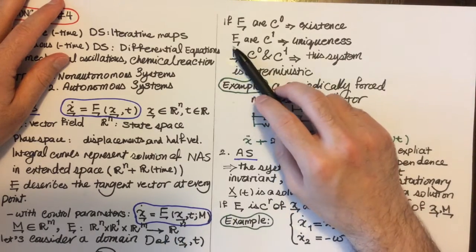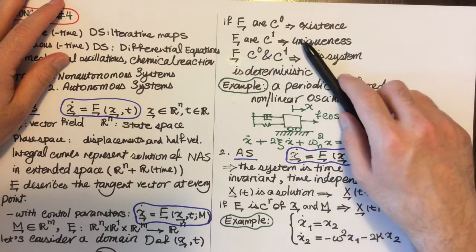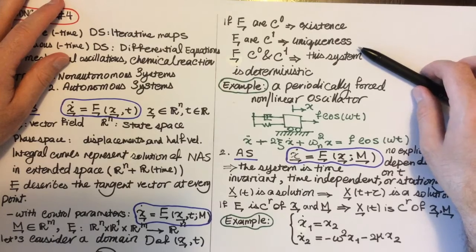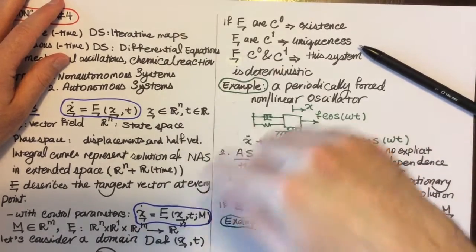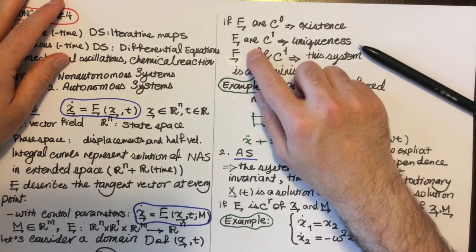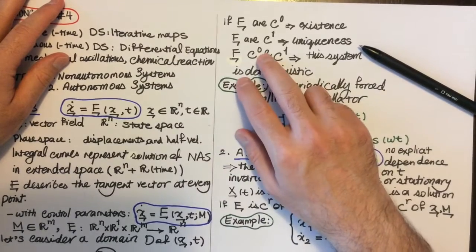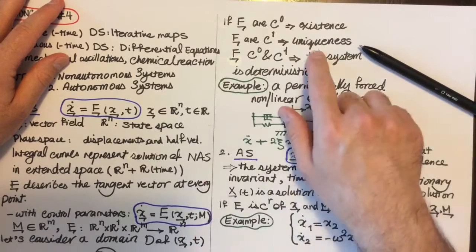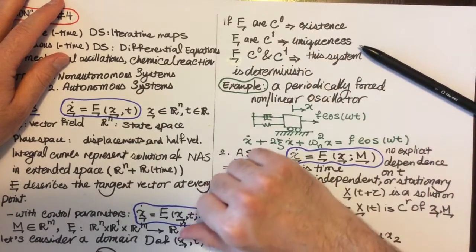If f is also C1, that guarantees uniqueness of solution. There's only one solution to this differential equation. C1 is when we differentiate each component of f with respect to x and t, and each component is continuous in this domain, then that guarantees uniqueness of solution in that domain.